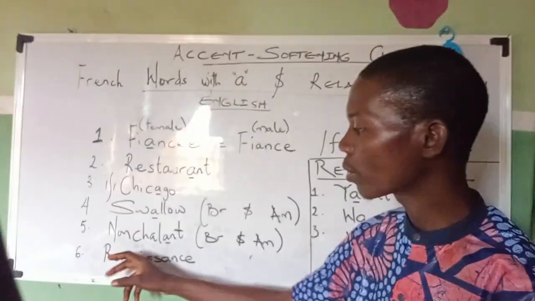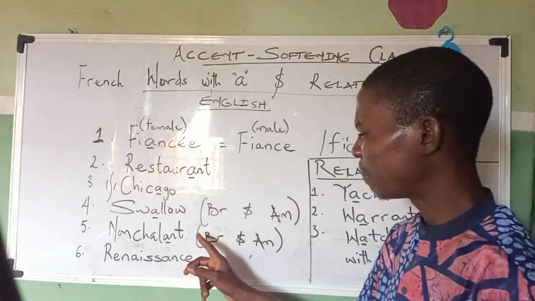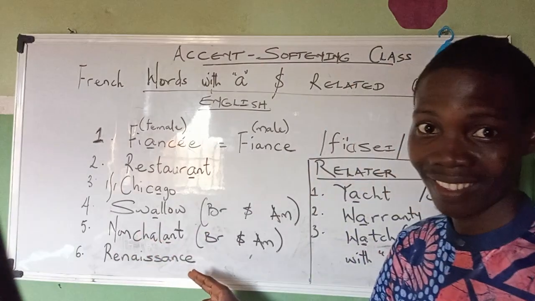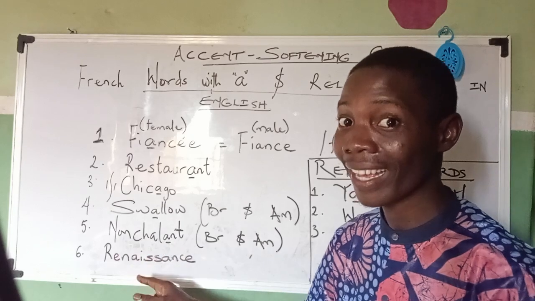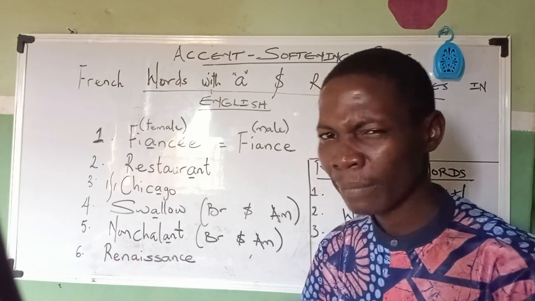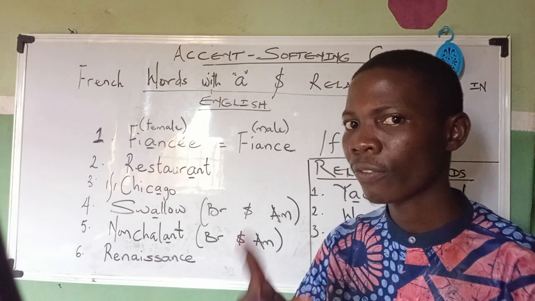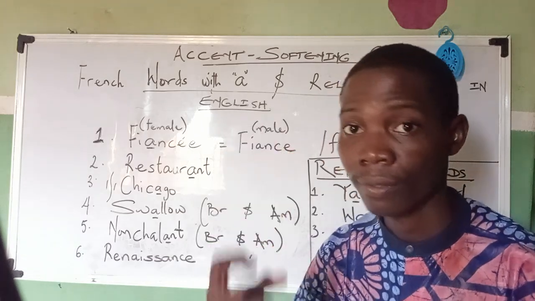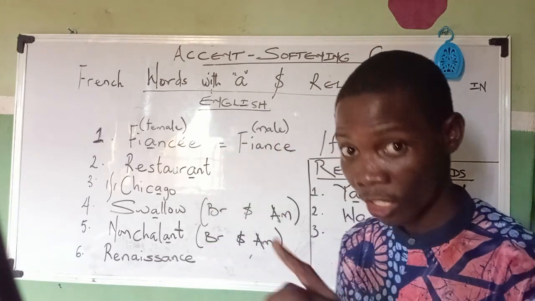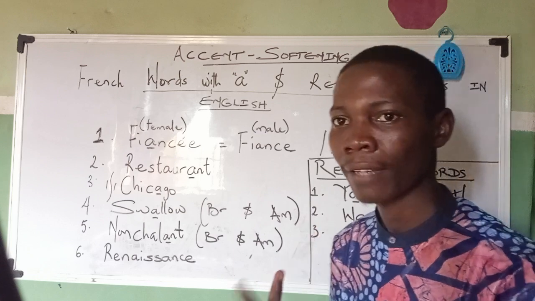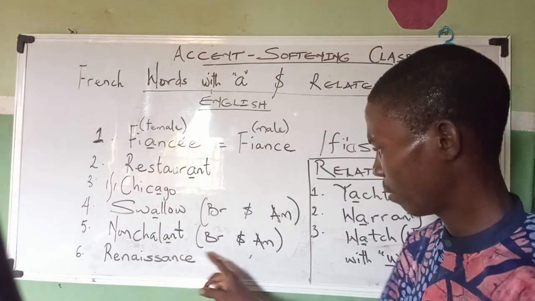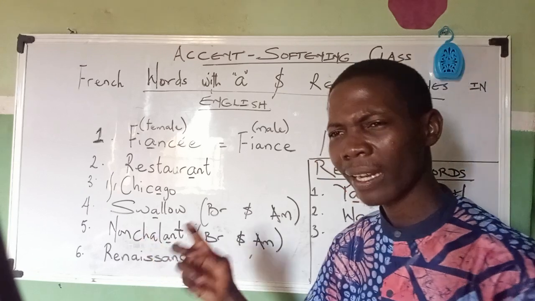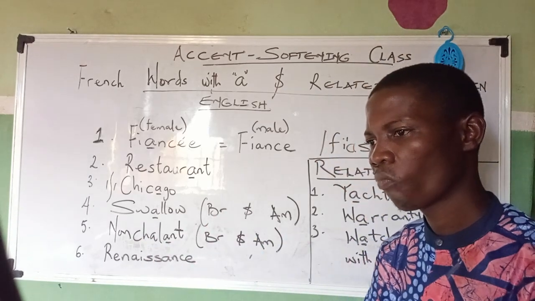Nonchalant. Of course, the British is nonchalant. Remember, I didn't say cha, I'm saying shalant, because you've taken note of the characteristic of CH in French: the CH sound is sh, not chip. Nonchalant in the British, while the American, I love this American.